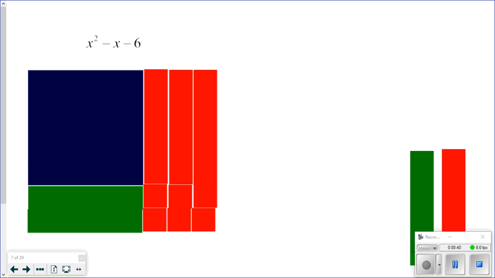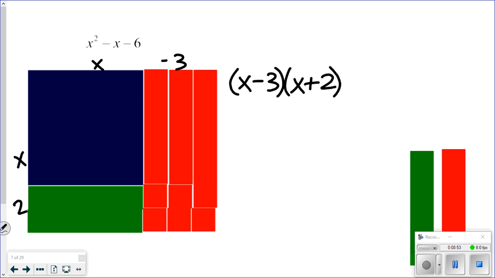And we've got it. So this is a positive 2 and a negative 3. Negative 3 times 2 is negative 6. Negative 3 plus 2 gives me that negative 1.